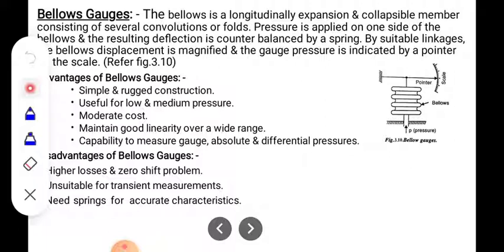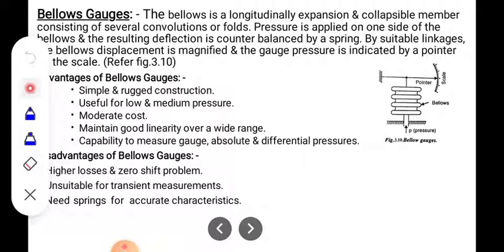Okay, so in the explanation we have to see what is given here. The bellows is a longitudinally expandable and collapsible member consisting of several convolutions or folds. Pressure is applied on one side of the bellows, and the resulting deflection is counterbalanced by a spring.